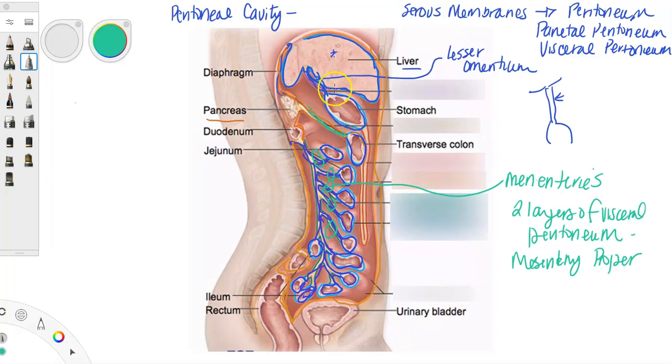And then up here, this is the lesser omentum, which connects the liver and the stomach. And then if you look here, here is a mesentery that kind of comes off and also connects to the transverse colon, and then comes down here and lays on top of the intestines, kind of like a bib. And that thing is the greater omentum.